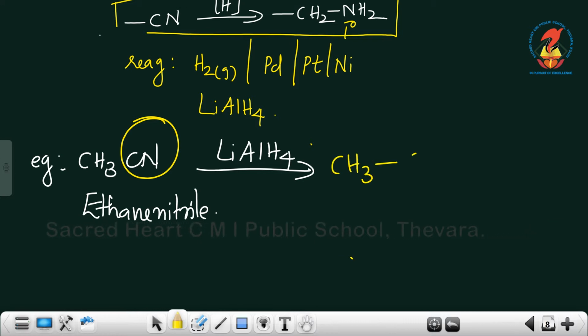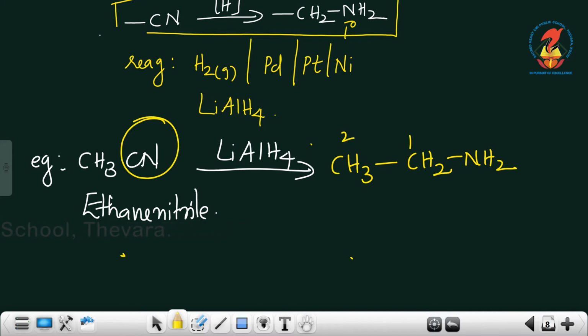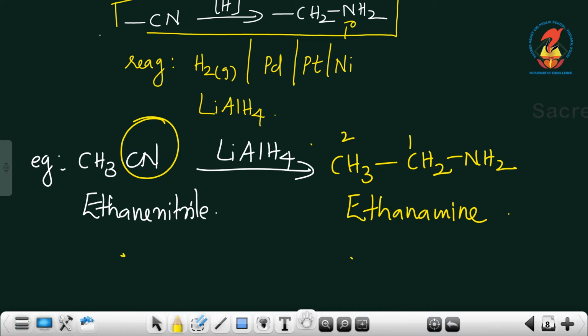So it is CH3, replace CN by CH2NH2. So from ethane nitrile we are getting, what is 2 carbon containing amine? It is ethanamine. Okay, from ethane nitrile we are getting ethanamine.